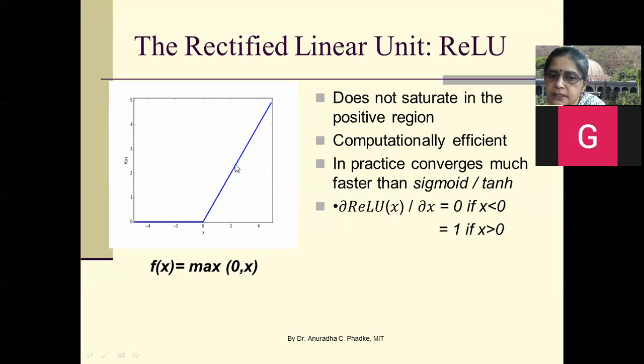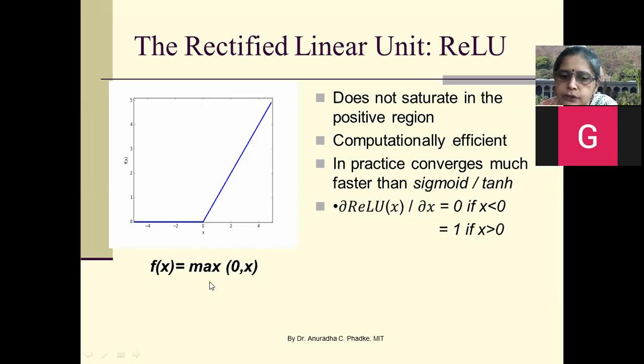So as there is a linear relationship, your computational load is very less. Actually, you don't need any computation. You simply need a comparison. If your input is greater than 0, the output is the same as the input, and when it is less than 0, the output is 0. So max of 0 and x.